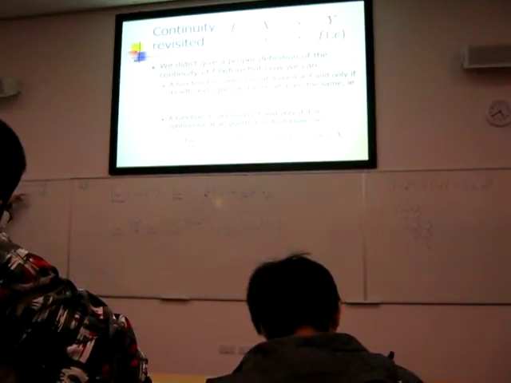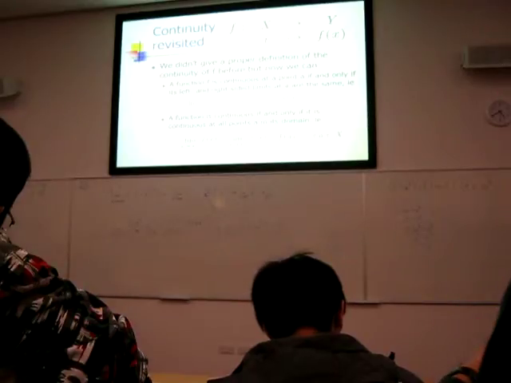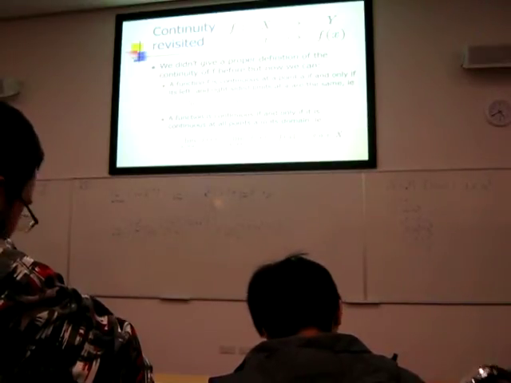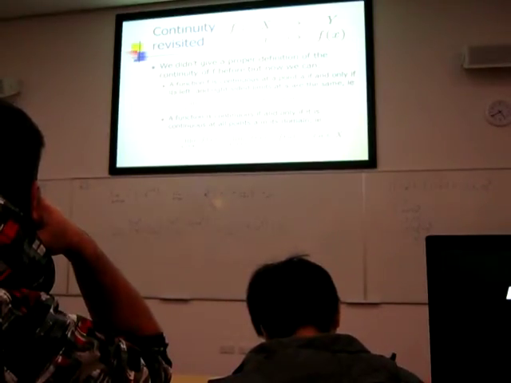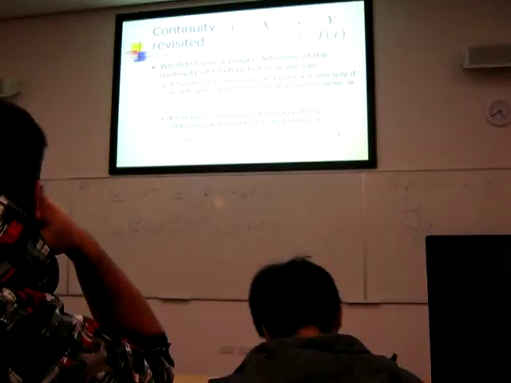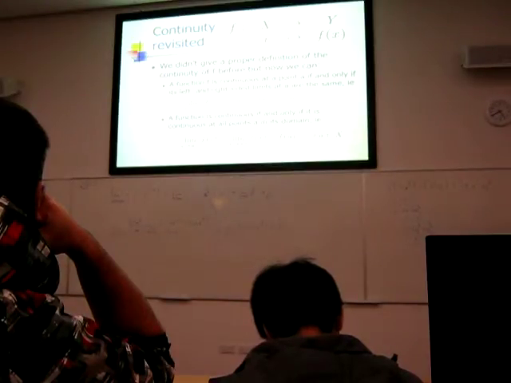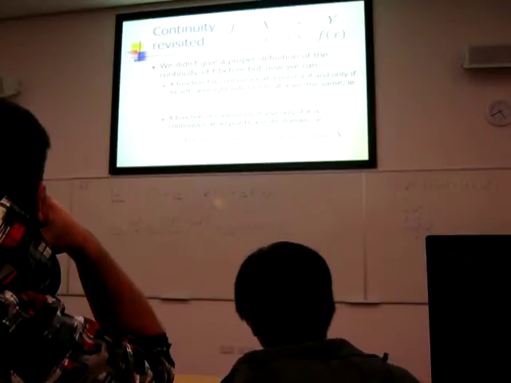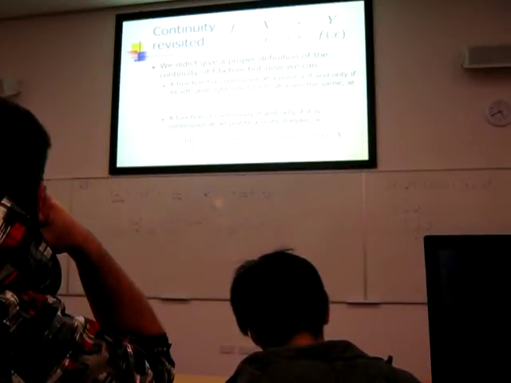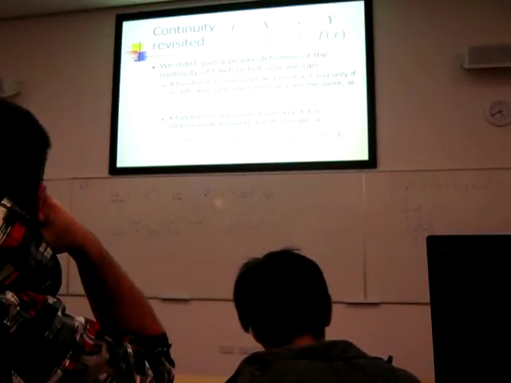So the 0 is not part of its domain, so I can pick any point within its domain, except for 0, because that's not part of it, and the left-hand side and the right-hand side limit will be the same. Because even if I pick a point way down here, and my limit starts off up here, at some point my limit goes down to here and approaches it from this side, and at that point basically I've got a continuous function again. So the left-hand side and the right-hand side limit are going to be the same for the whole function, because I'm excluding that point 0.